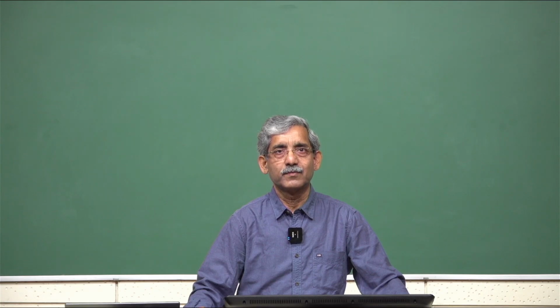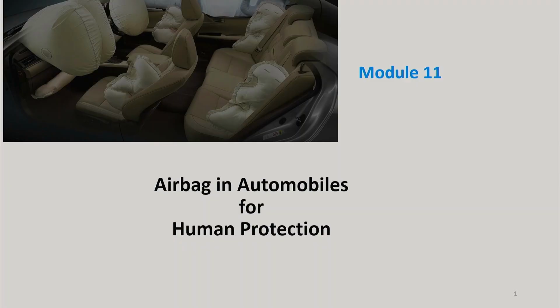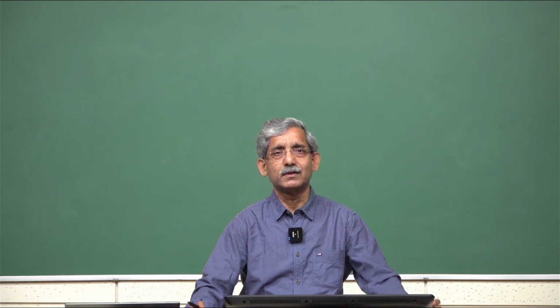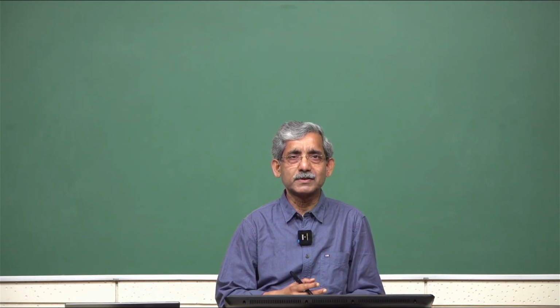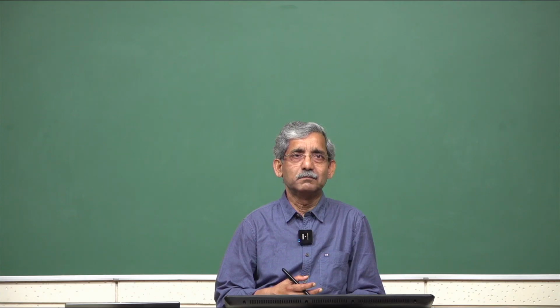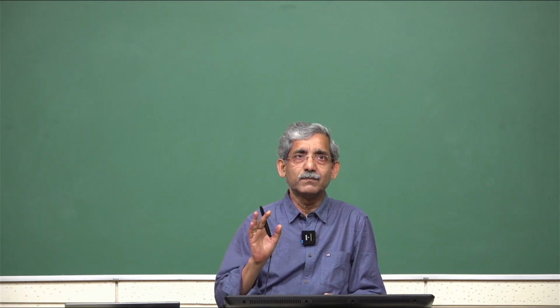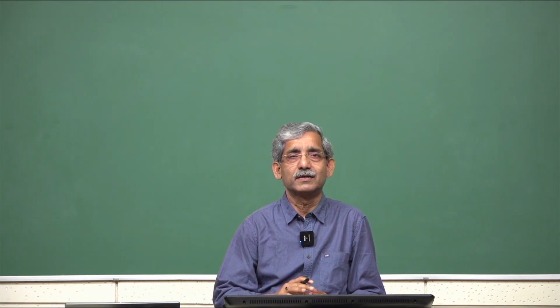Hello everyone. So, our present discussion would be the airbags in automobiles for human protection. Airbags are basically very specialized textile material which helps in the protection of the passengers and the driver during any accident.